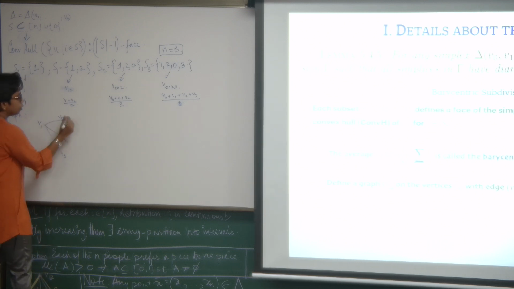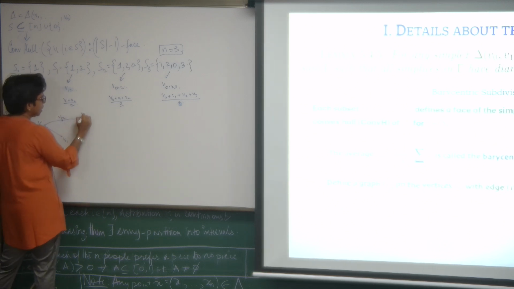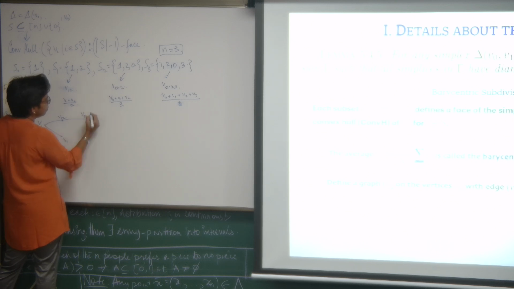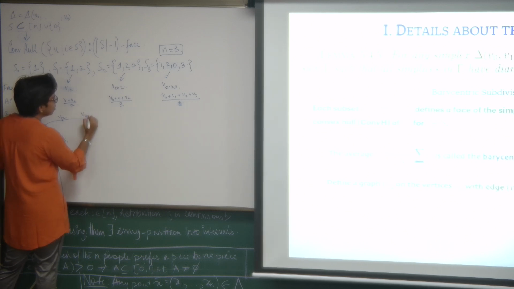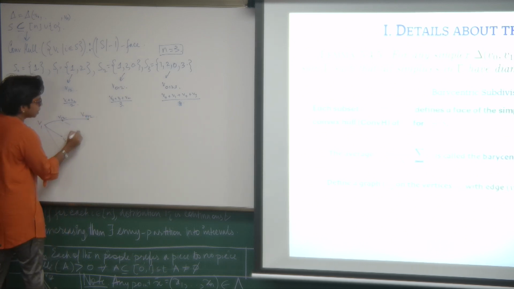Now, again V12 has an edge to all those faces that correspond to a superset of this. So, in our picture, what should it be? V12, 0, 1, 2 in particular, right, but there can be other things also. I am not going to draw it, but 1, 2, 3 and so on, all these things.